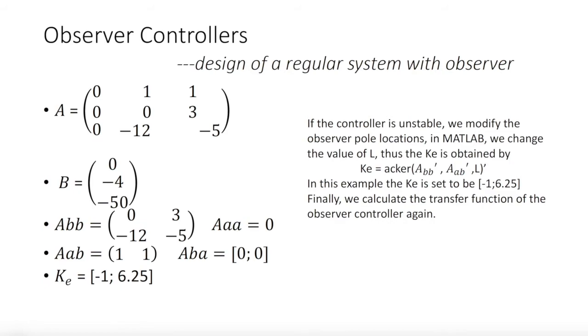Then again, for this system, by extracting the subsystem ABB, AAB, and ABA, we compute KE equal to minus 1 for the first row and 6.25 for the second row, for placing the closed loop system at predefined values by L.